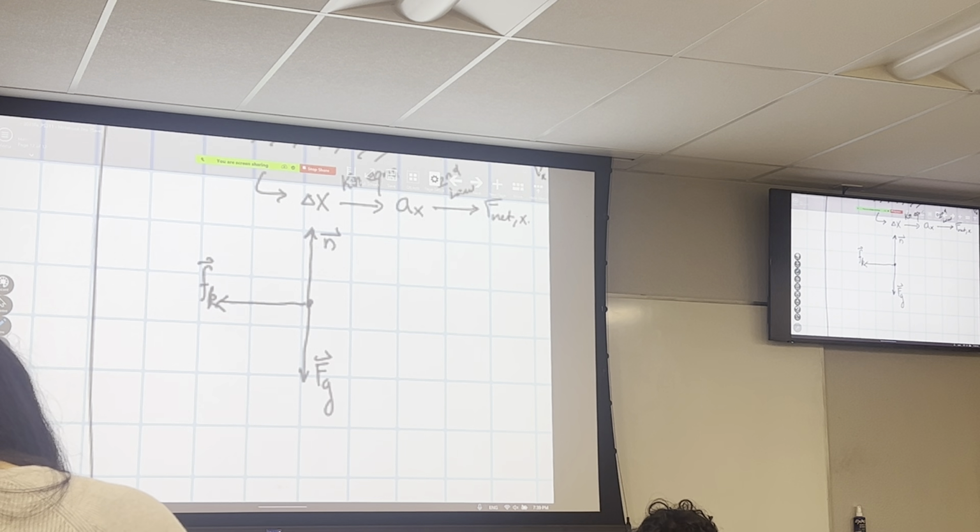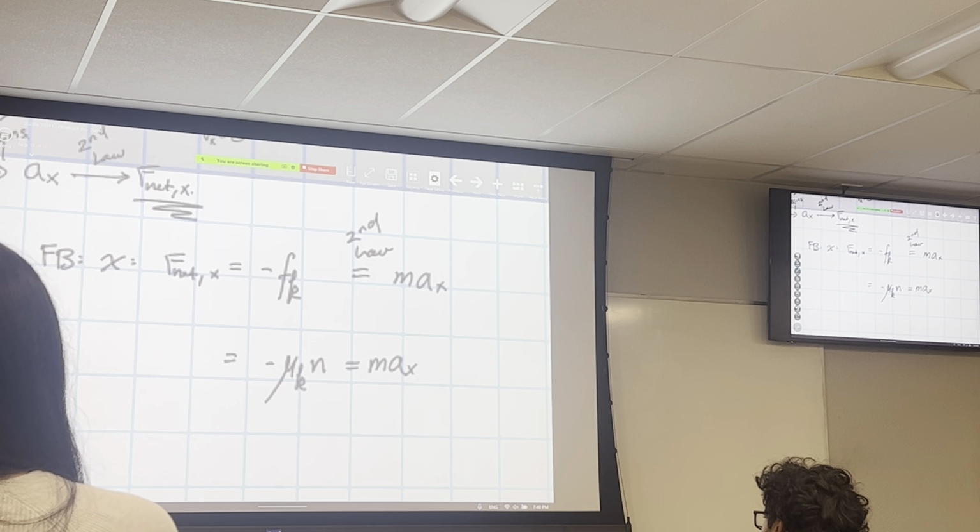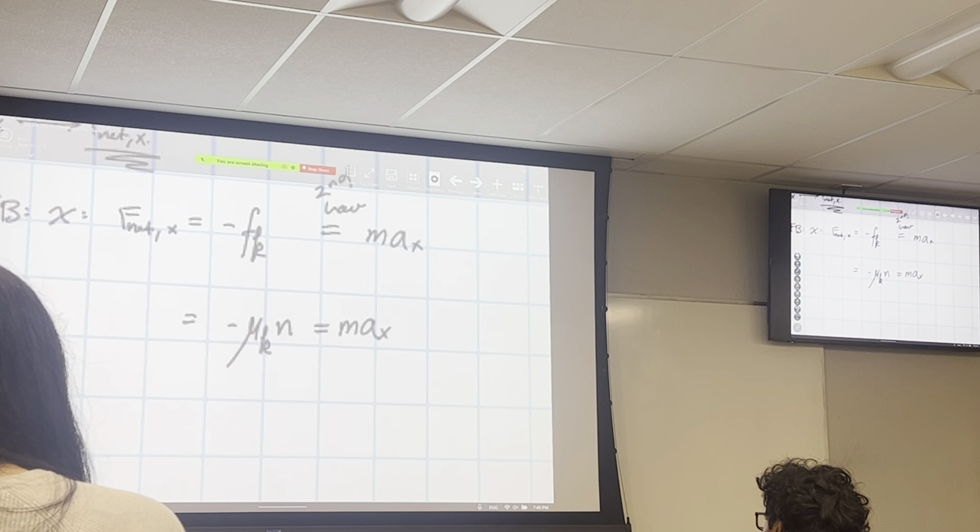So this is equal to negative mu k times n is equal to mass times acceleration. And so then the acceleration is equal to negative mu k n over m.